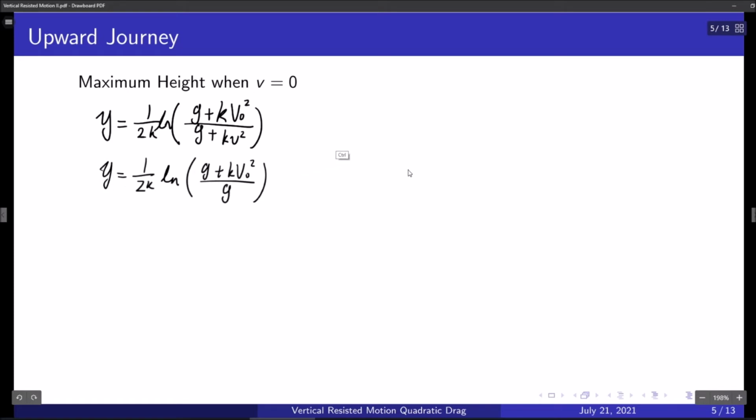In terms of time, how long it takes to reach the maximum height, we can just use the time expression. So it's 1 over square root of kg, tan inverse square root of k over g v naught minus tan inverse square root of k over g v.